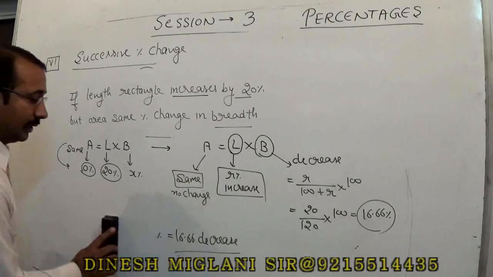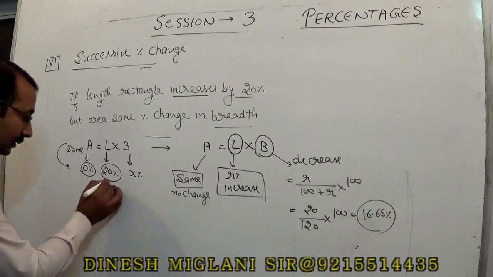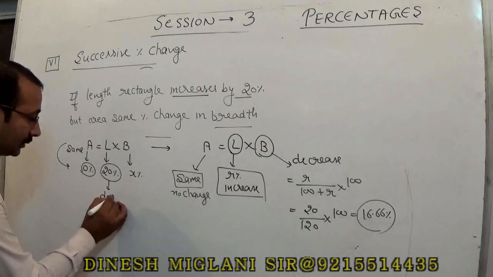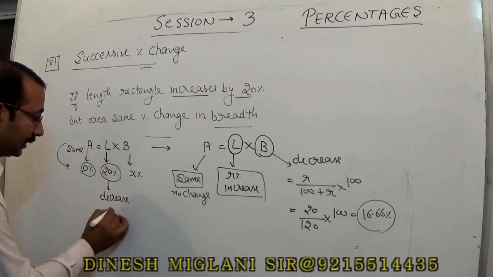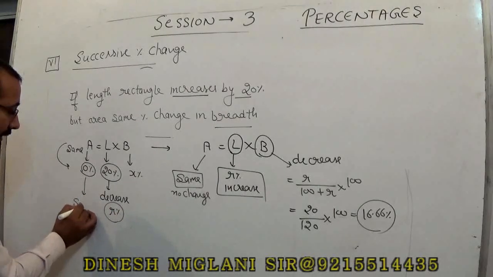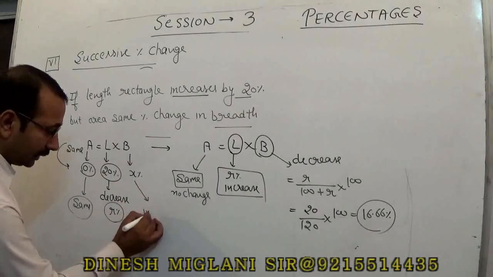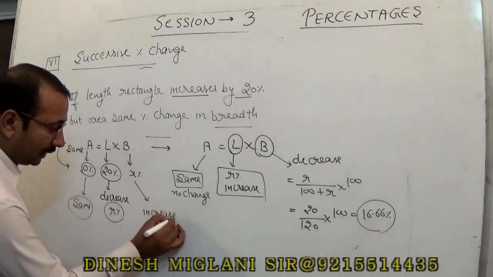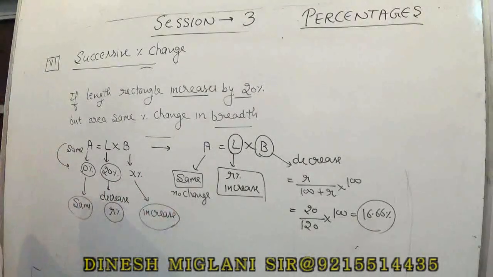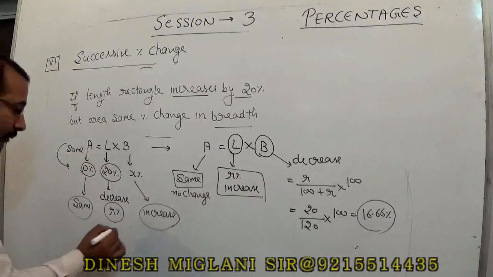Similarly, if in place of increase, it is given that there is decrease of r%, and overall will remain same, that means the third quantity will increase and you have to find what is the percentage increase. Your formula will be changed. Here in the place of plus r you have to make it minus r.